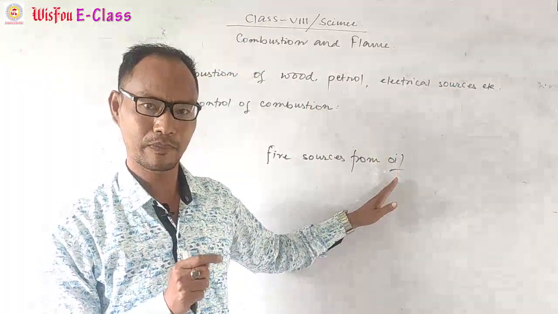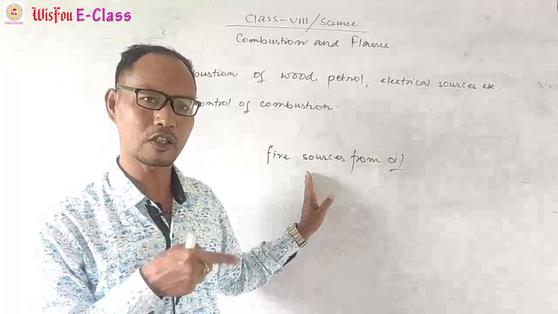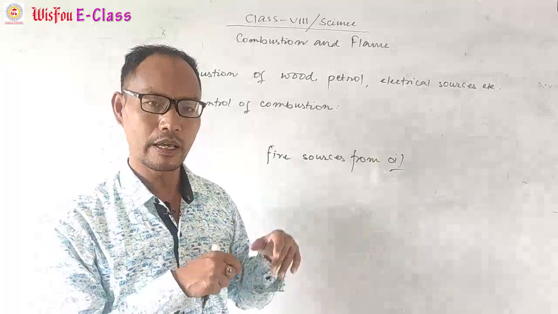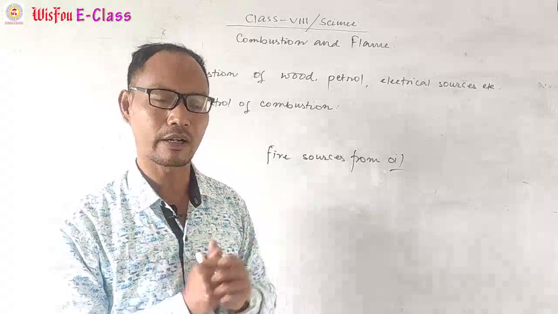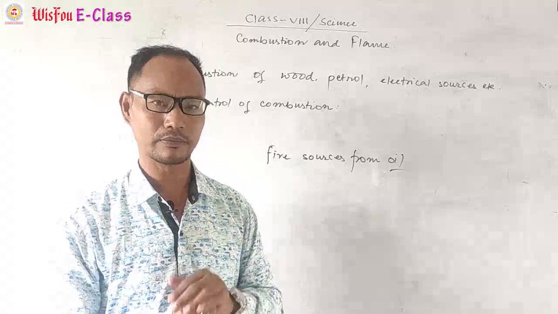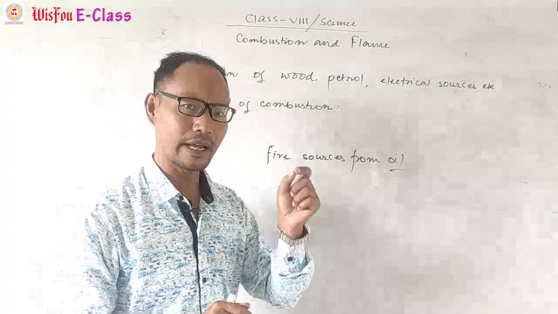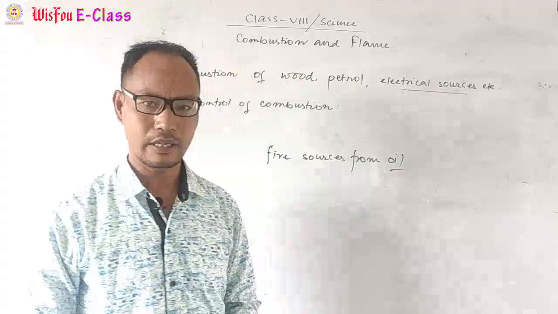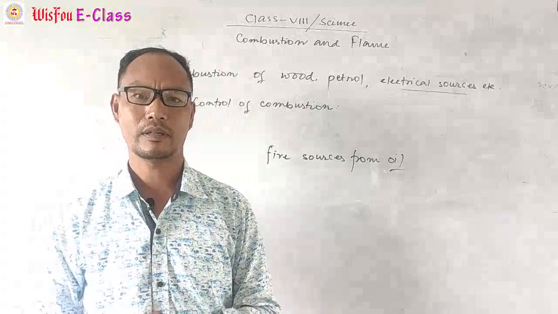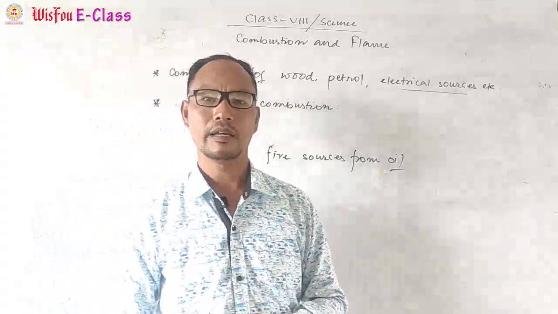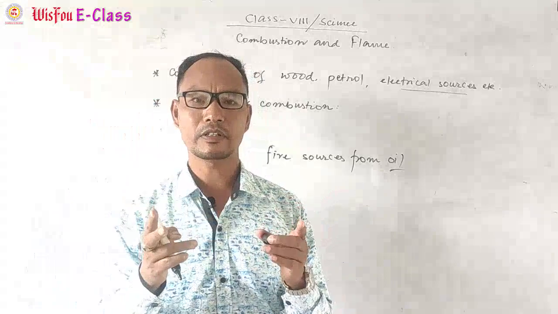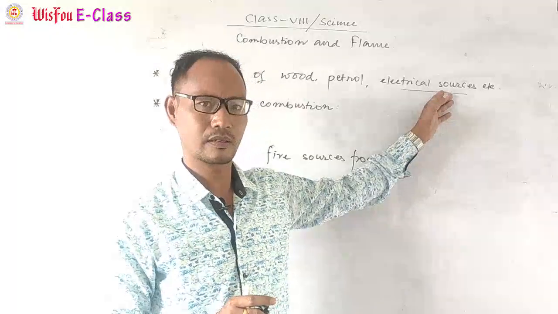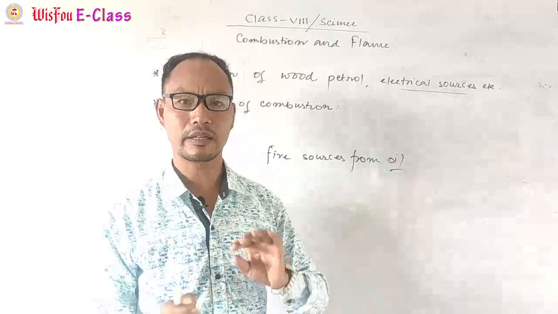So in this case, water cannot be used as a fire extinguisher in the case of oil firing, oil burning. And next, in case of electrical sources, say a burning or combustion takes place from electrical appliances or electrical disorders.